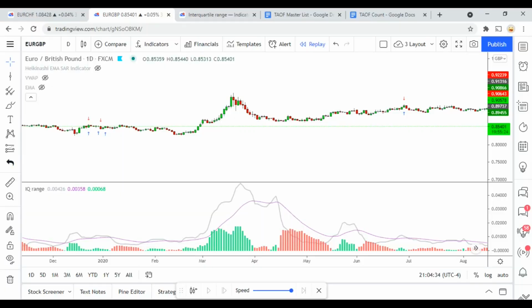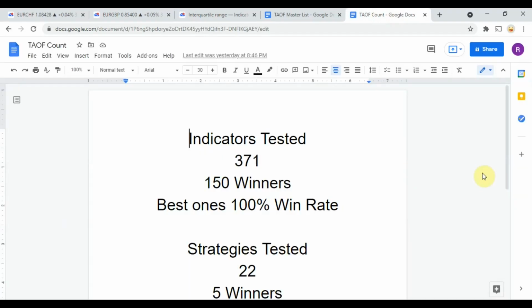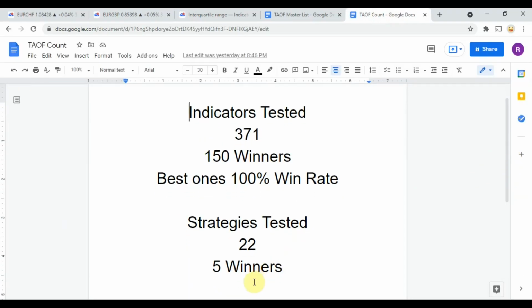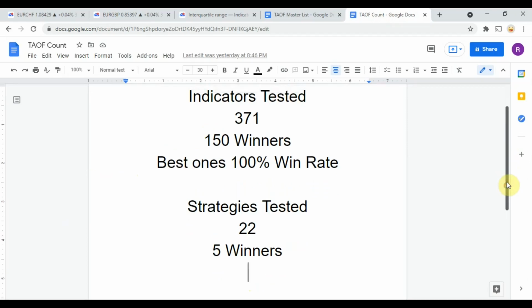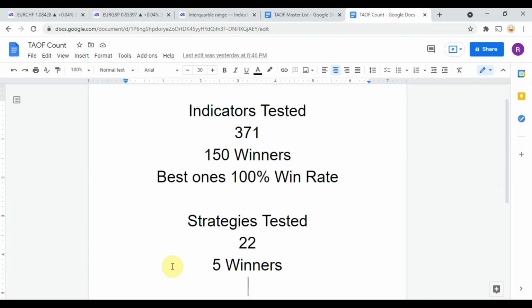Alright, as I said, today we will be testing the interquartile range indicator. Before we do though, I wanted to put the testing scoreboard up for everyone to see. So, to date, we have tested a total of 22 different strategies with a total of 5 winners. We have also tested a total of 371 indicators with a total of 150 winners, which means that they have met or exceeded the 60% win-loss ratio threshold that we have set for them.